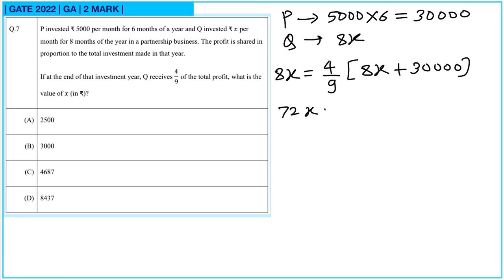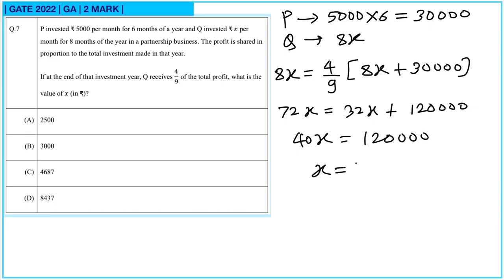That means 72X is equal to 8 into 4, that is 32X, plus 30,000 into 4, that is 1,20,000. So this will be 40X is equal to 120000.